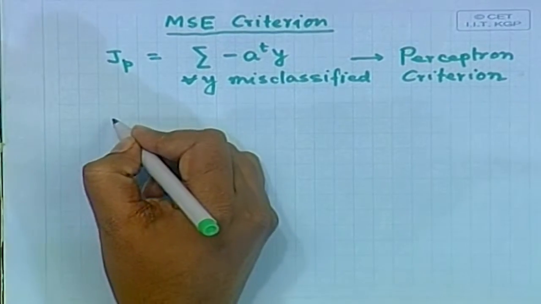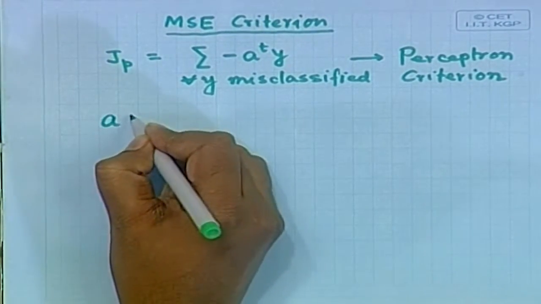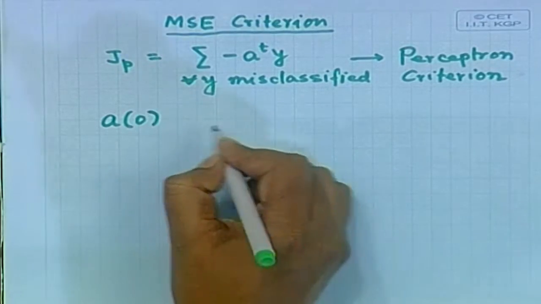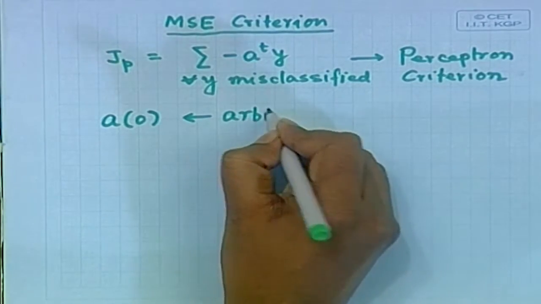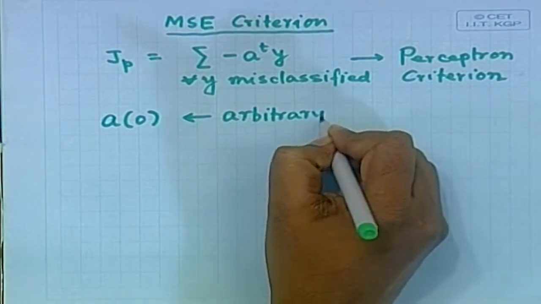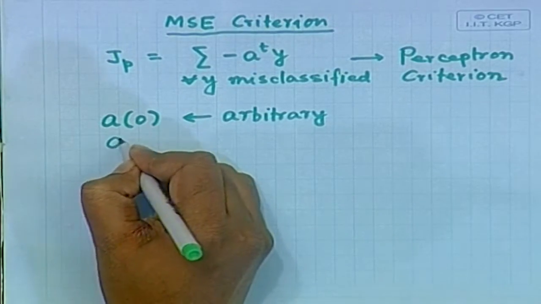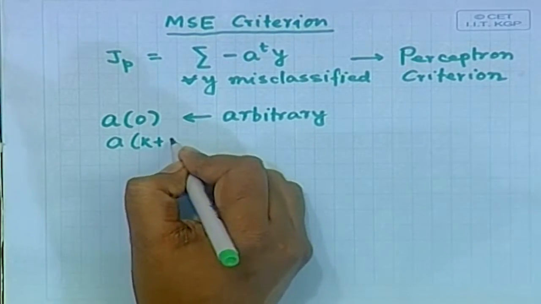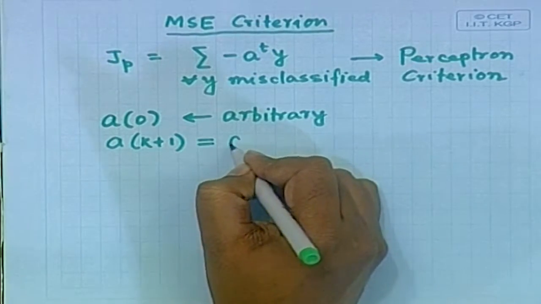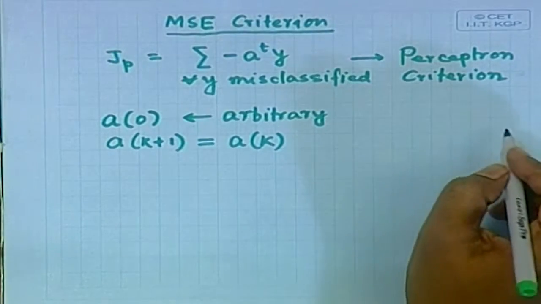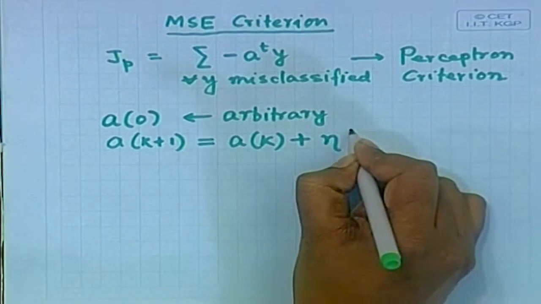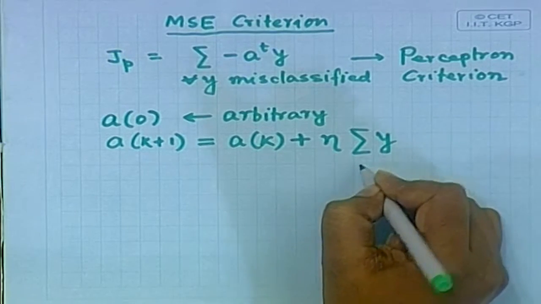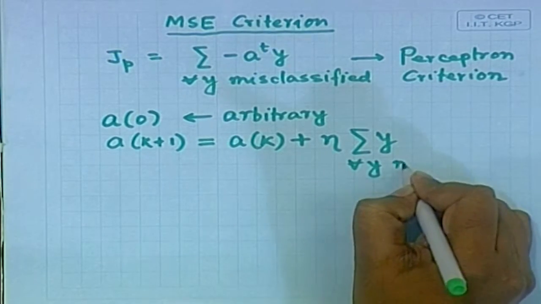Accordingly, we had the weight updation rule, or the perceptron algorithm, which was given like this: A0 was initially selected arbitrarily, and then in every iteration Ak plus 1 was obtained from the previous value Ak following the gradient descent procedure, and it was simply Ak plus eta times the summation of y for all y which are misclassified.